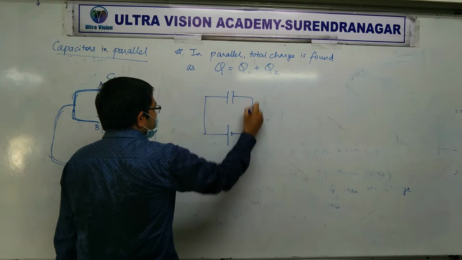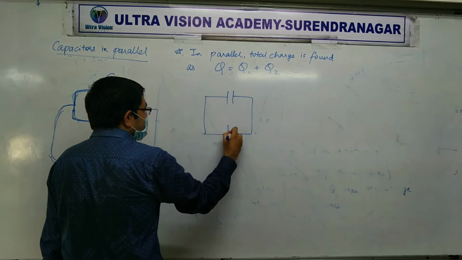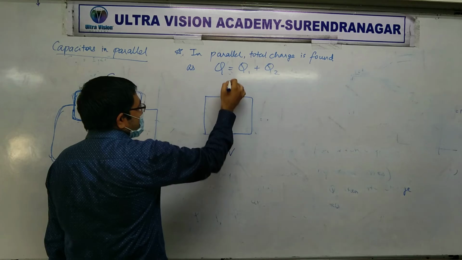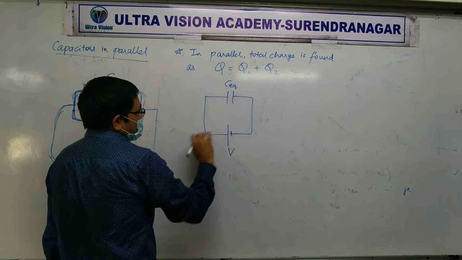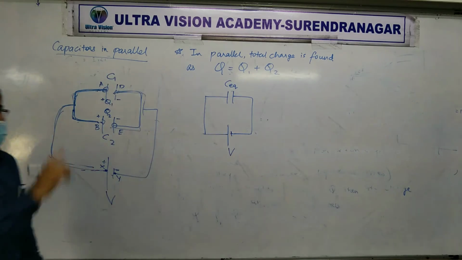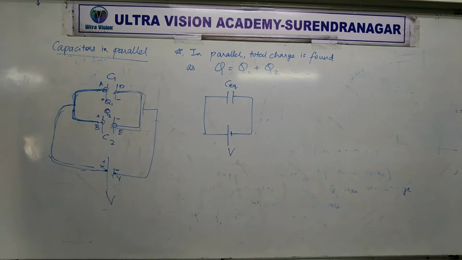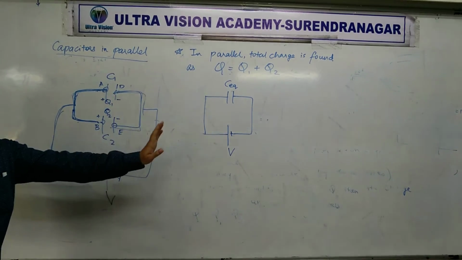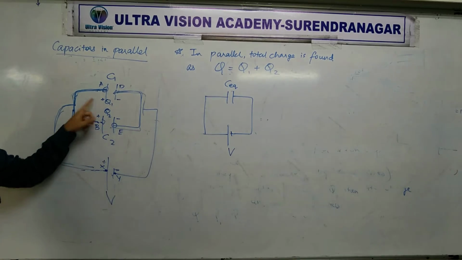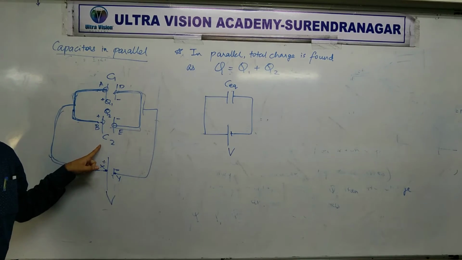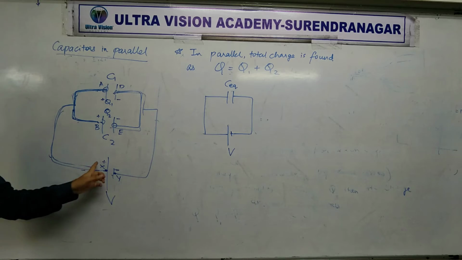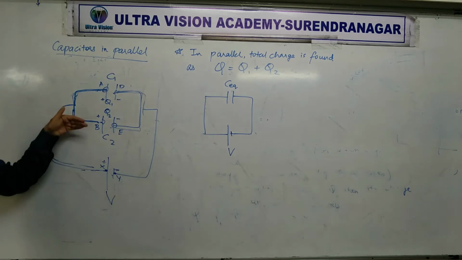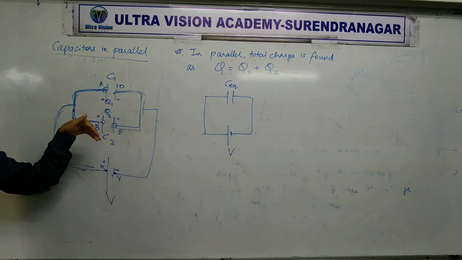So here's the equivalent circuit. And this is the equivalent capacitance. Now, how much charge should this store? That's the question. It should store a charge Q itself. Not Q1, not Q2. Just Q. Reason: when the battery supplied some charge, some of it went here, some of it went here.